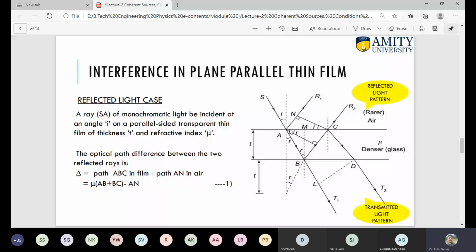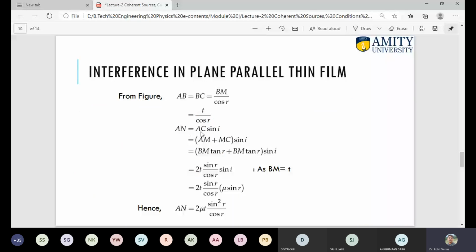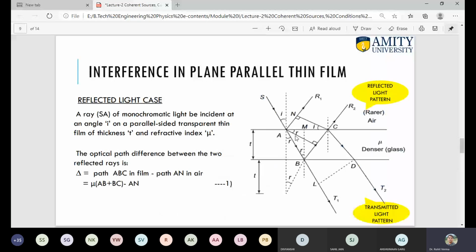AC you can write as AM plus MC. So AN will be AC sine I, and at the place of this AC, you can write AM plus MC. And AM you can determine if you again go to the triangle AMB; you know the value of BM, that is t, and AM you have to determine.